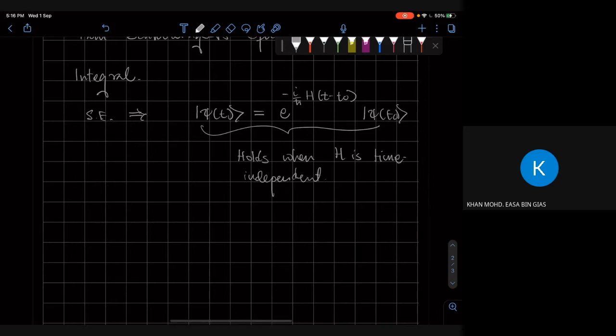If H has an explicit time dependence, then the solution to Schrödinger's equation is much more complicated, and if we have time, we will do that in time-dependent perturbation theory.